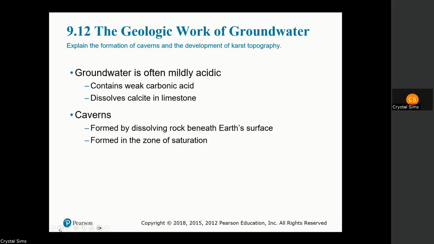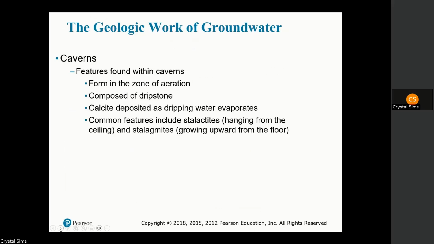Limestone is found all across the earth, and other soluble rocks as well. And as this mildly acidic water passes through, it can dissolve the limestone. So we can have caverns.